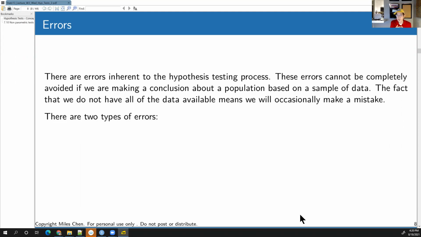Now, as people were discovering statistics or establishing it as an area of study, they realized, oh, there's two types of mistakes we can make. And at the time, they didn't come up with good names. They literally named this type 1 and type 2. That you have error type 1 and error type 2.